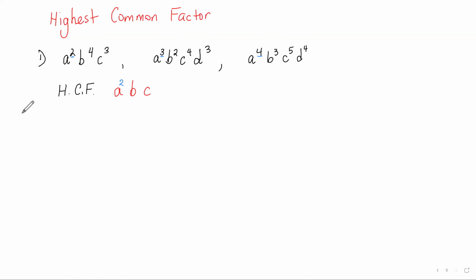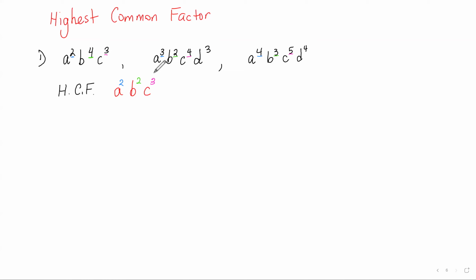And then we look at B. The powers of B are 4, 2, and 3, so the lowest power of B there is 2. And then you look at the powers of C, which are 3, 4, and 5. So the lowest power there would be 3. So the highest common factor of all of these three terms will be A squared, B squared, C cubed.